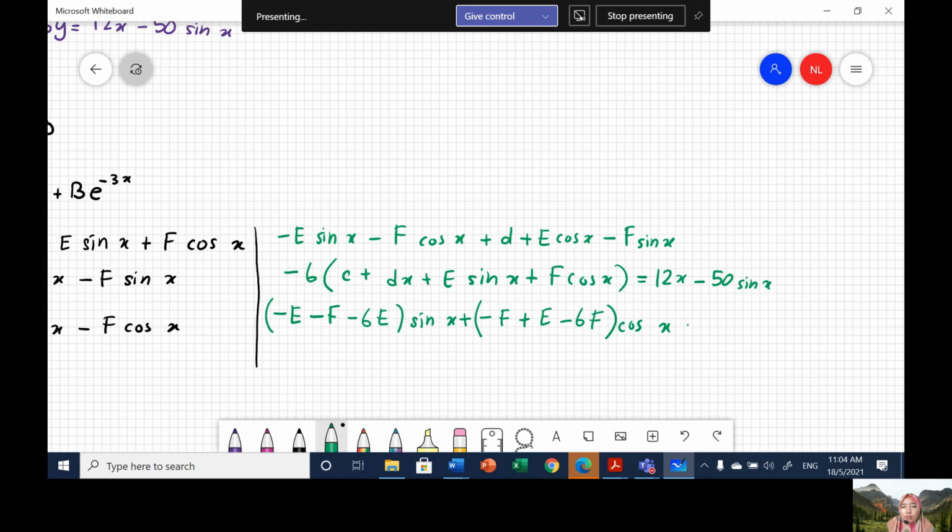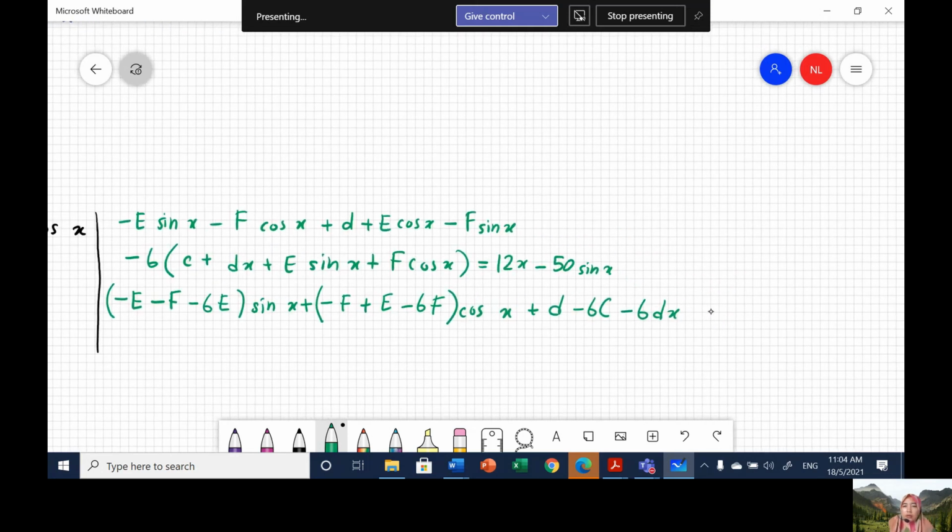Then we have plus d, minus 6c, minus 6dx, equal to 12x minus 50 sine x.